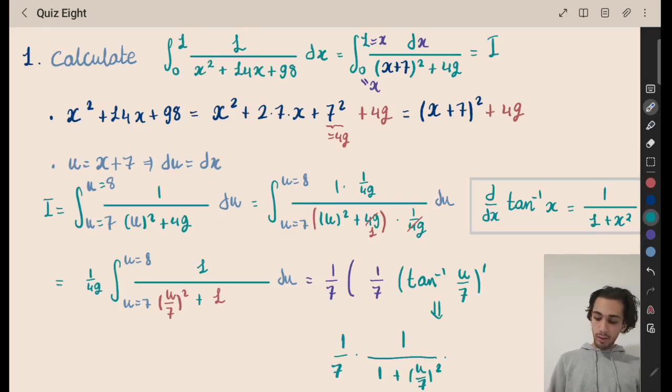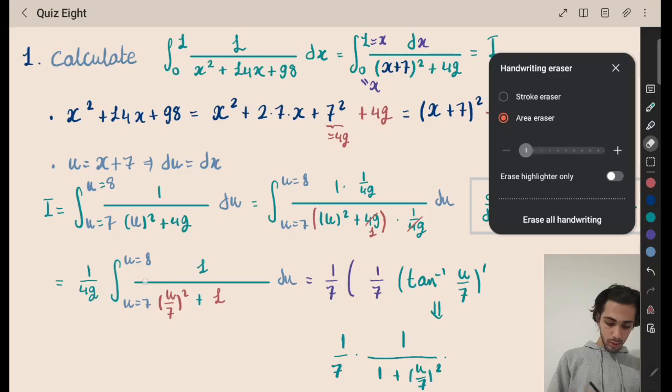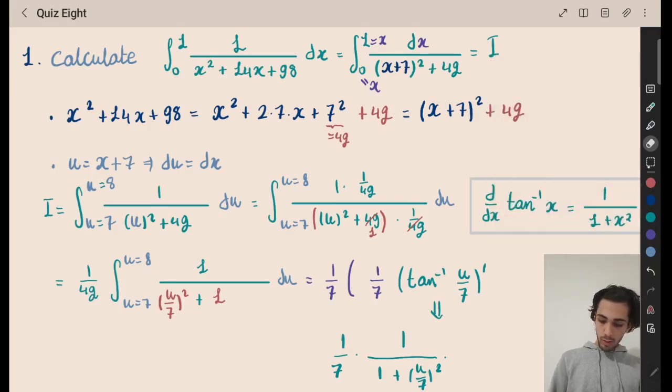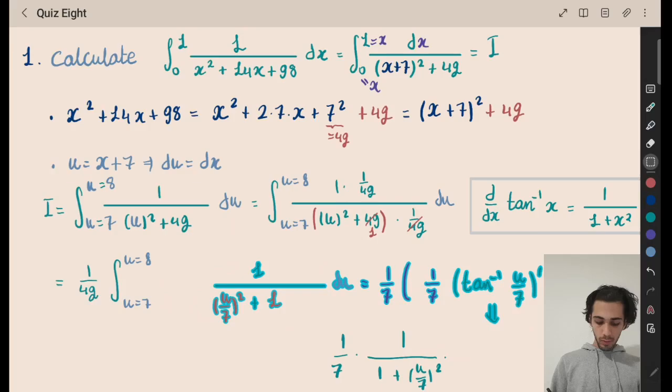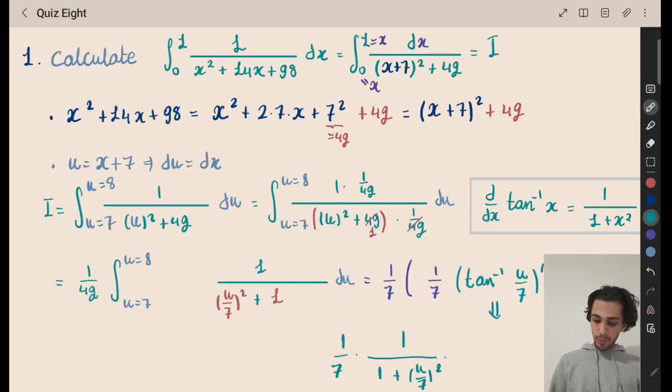I should write it there. So if I write 1 over 49, and let's say I give myself a little bit more space to do the following. So the 49, I want to rewrite it as 1 over 7 times 1 over 7.